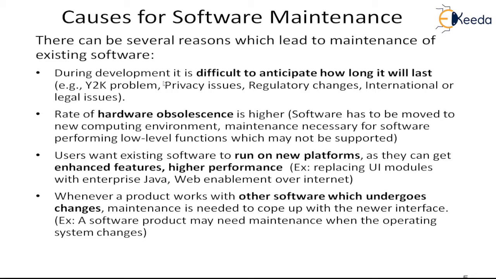This kind of thing is very difficult to anticipate, and you cannot say that I will need a requirement 15 years in future, so I will do it now. All the time we are looking at the current requirements, and we are looking into some kind of maintainability and flexibility characteristics of the software. So that is one reason why a major software maintenance may happen.